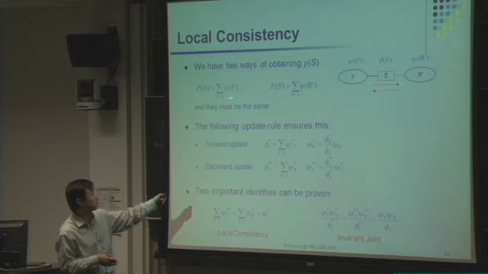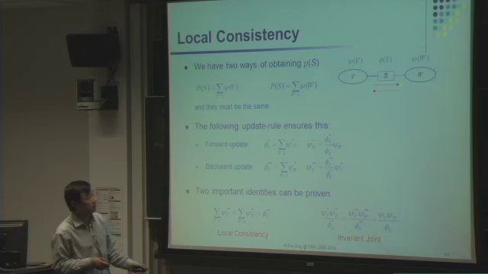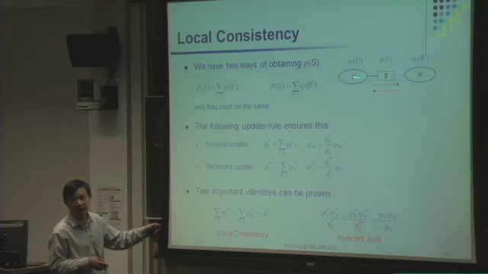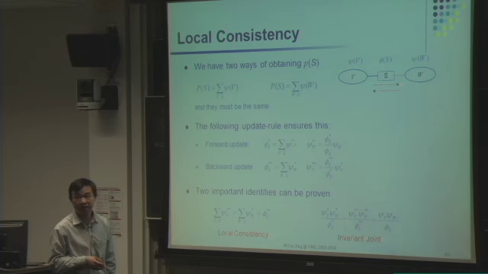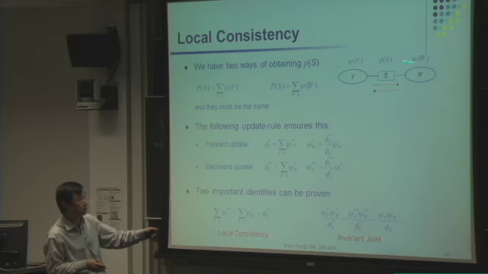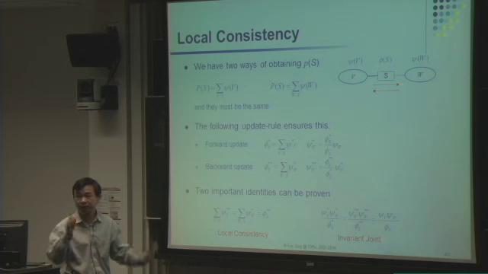This is a very important and strong constraint, which says that I have these two clique potentials, or clique marginals, and each of them contains S as a subset, and therefore I now have two ways of computing the marginal distribution of S, right? And these two ways must give me the same result. That's basically an implicit constraint you have on these two different potentials.